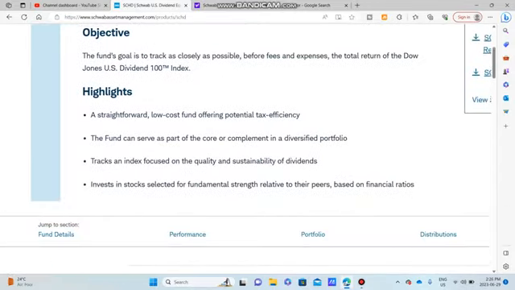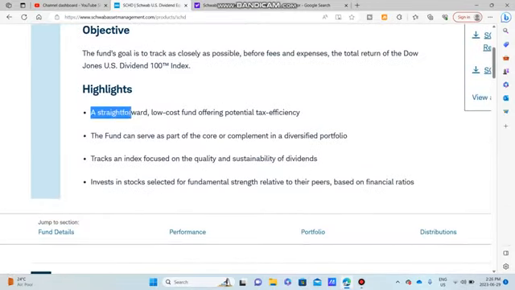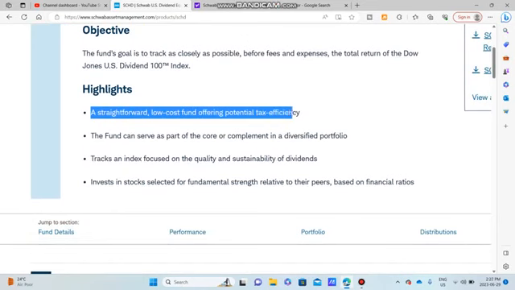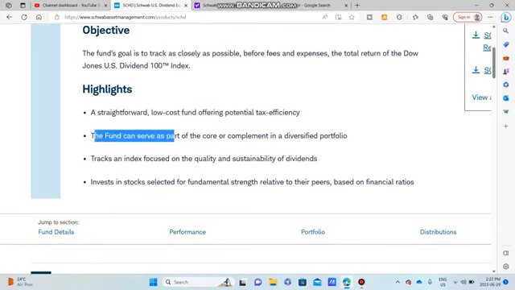Let's read the highlights super quick. It highlights a straightforward, low-cost fund offering potential tax efficiency. The fund can serve as part of the core and complement in a diversified portfolio, meaning it could be one of your core positions as it is extremely diversified, which I'll show you in a bit.